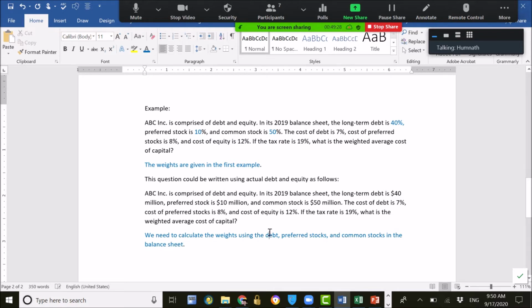Okay, so or given in the problem. So to calculate this weighted average cost of capital, what we need to do? Here simply we can plug in the number. In this second example, we need to calculate the weights first. So which one do you want me to do?